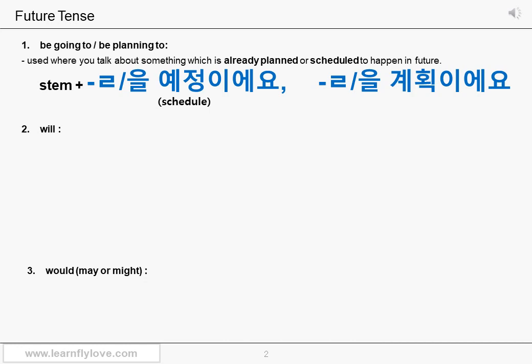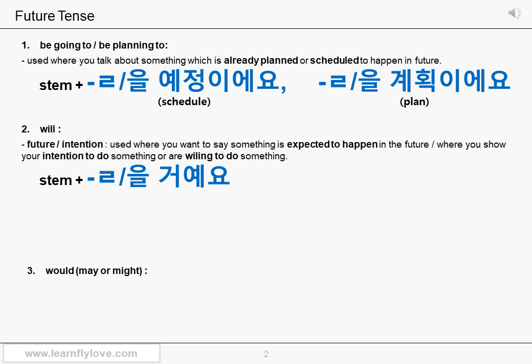The next compound expression 을 계획이에요 can be used to mean be planning to, because 계획 literally means a plan. Again, the first compound expression 을 예정이에요 can be used when you want to say you're going to do something, and next compound expression 을 계획이에요 can be used when you want to say you're planning to do something.